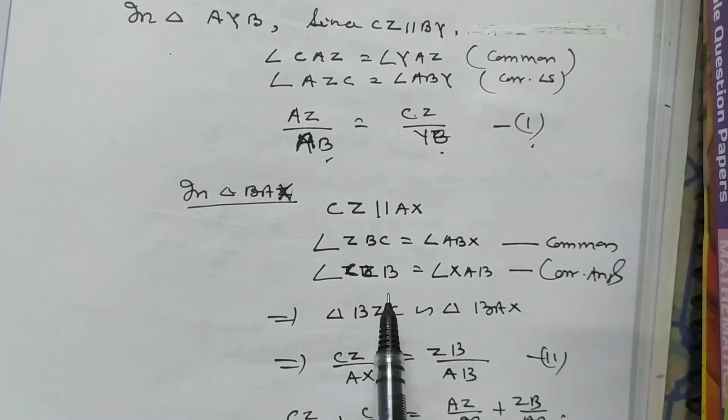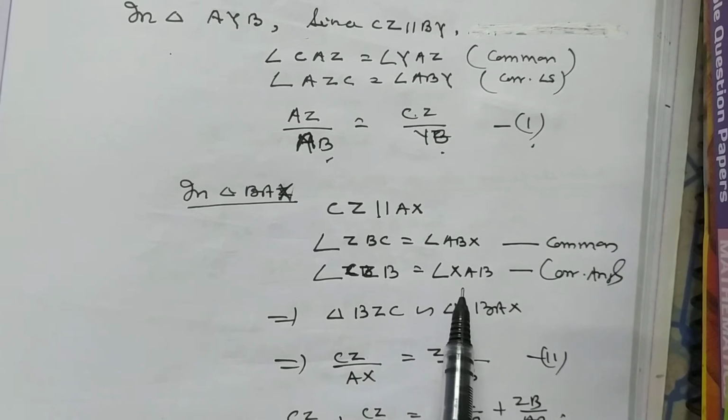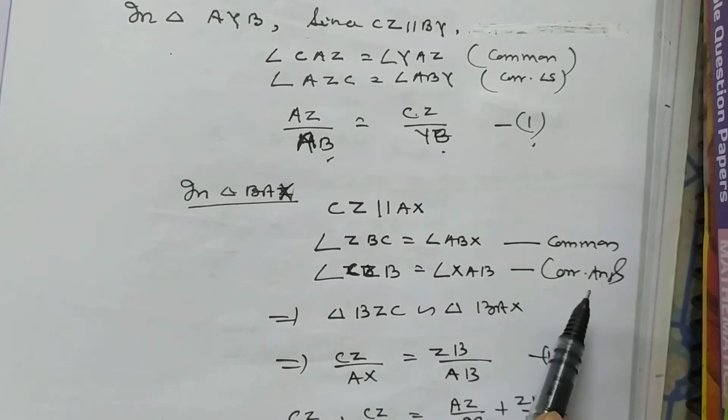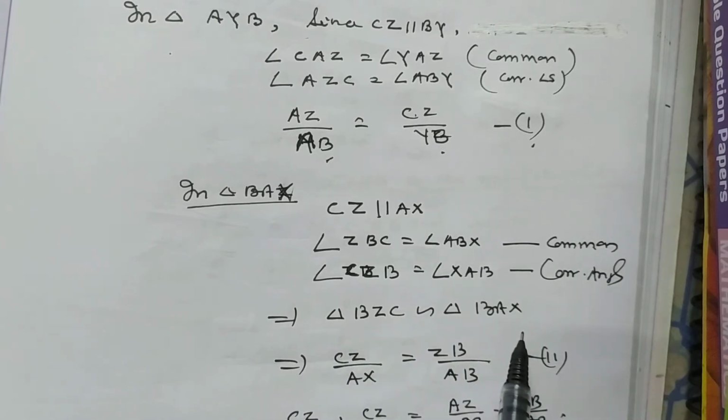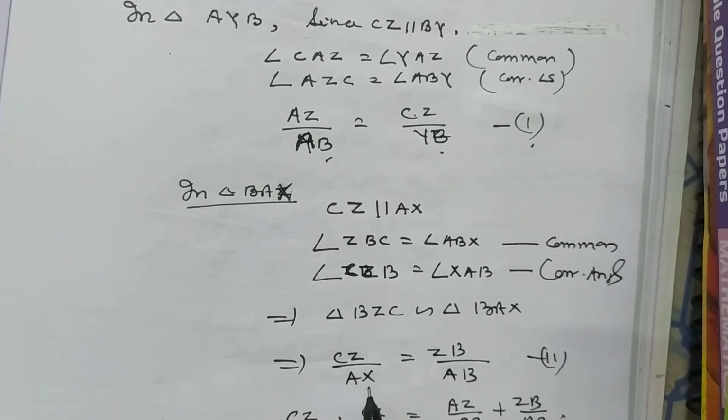Angle CZB is equal to angle XAB, corresponding angles. So triangle BZC is similar to triangle BAX. So CZ by AX is equal to ZB by BA.